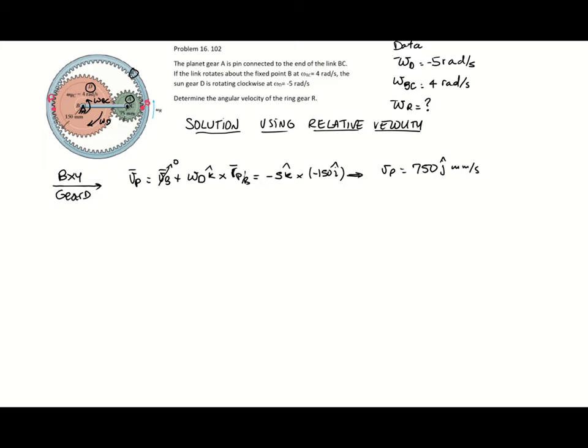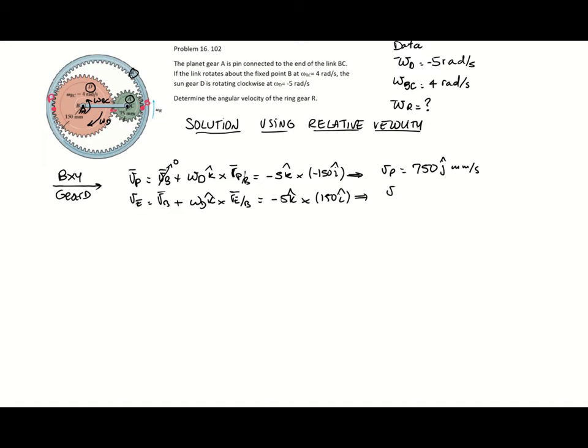I can do exactly the same to find the velocity of point E, which is the point between those two gears. The velocity of E will be the velocity of B plus omega D cross the distance from E to B, which equals negative 5k cross 150 i.